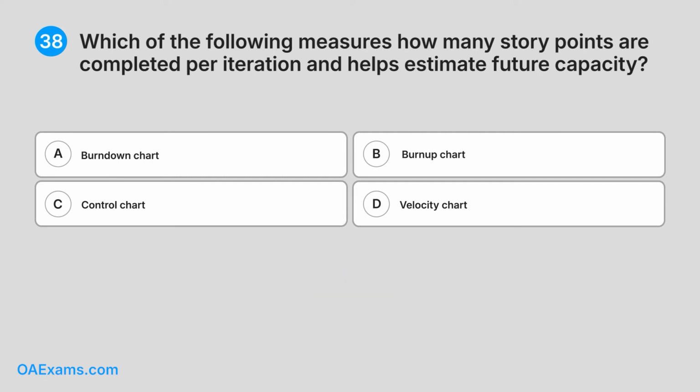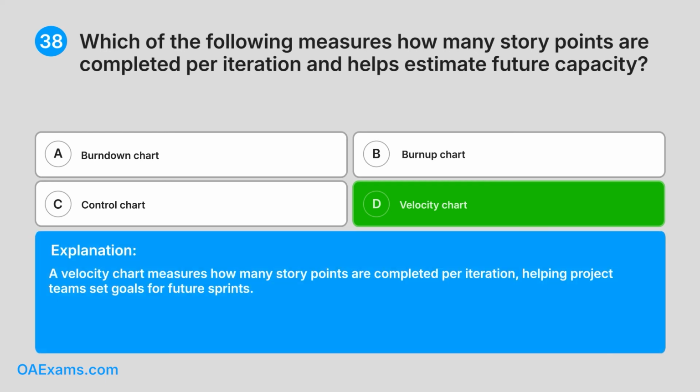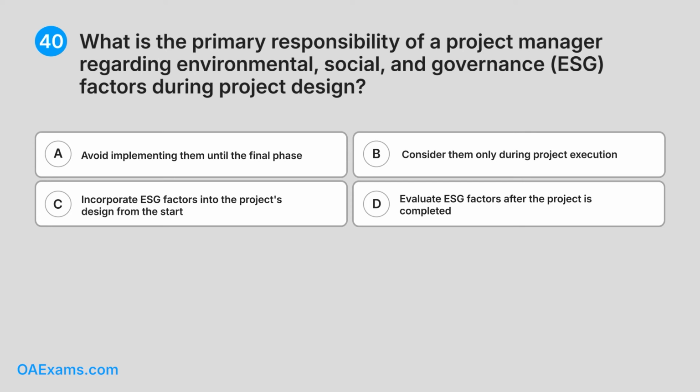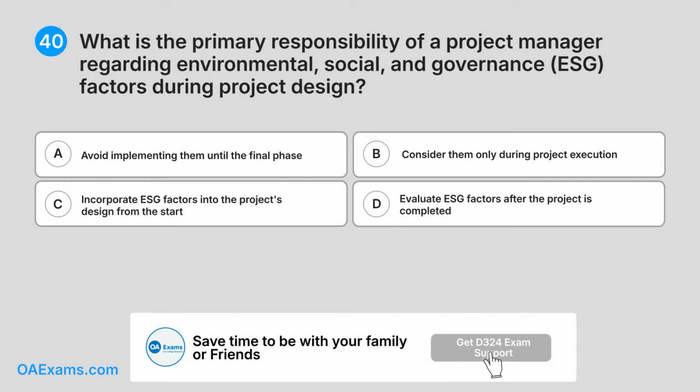Correct answer D. Velocity chart. Explanation. A velocity chart measures how many story points are completed per iteration, helping project teams set goals for future sprints.